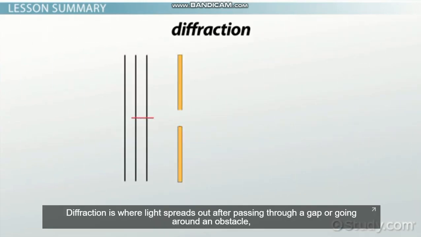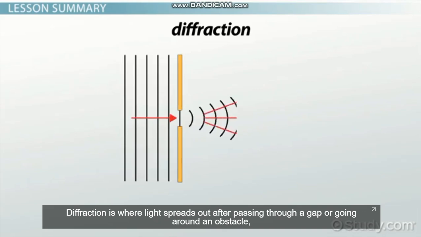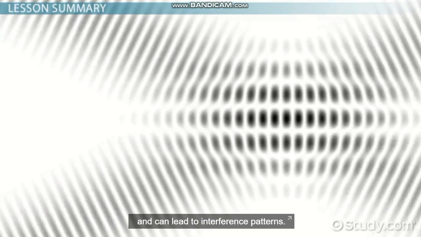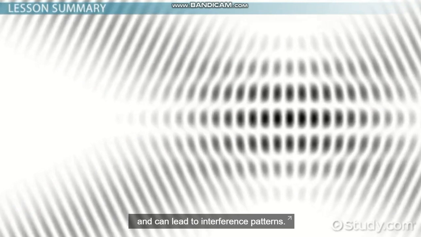Diffraction is where light spreads out after passing through a gap or going around an obstacle, and can lead to interference patterns.